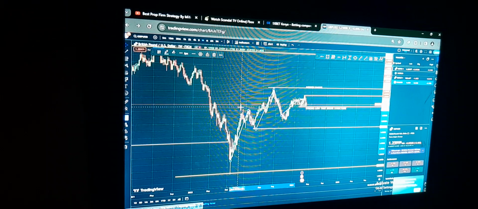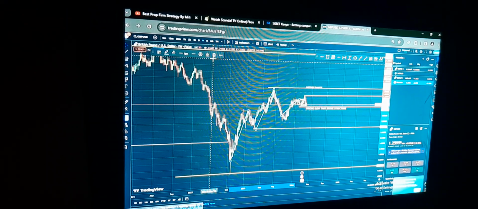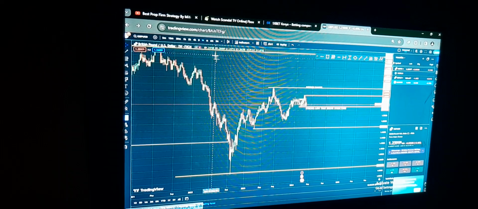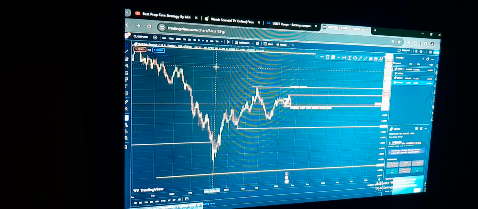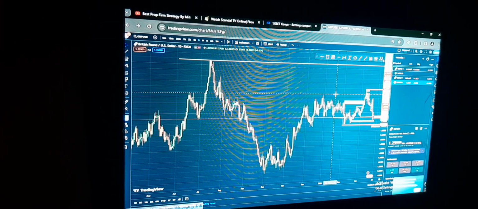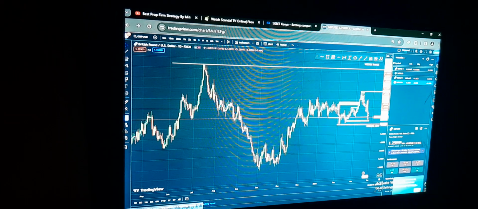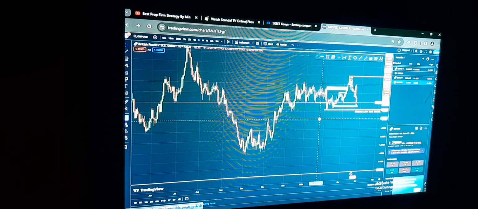So again, we're just gonna delete this tool. It's called a polyline, so you can use it to map out for clear mapping. So we go to the daily. As you can see, we're in the daily time frame. What does the daily show us?